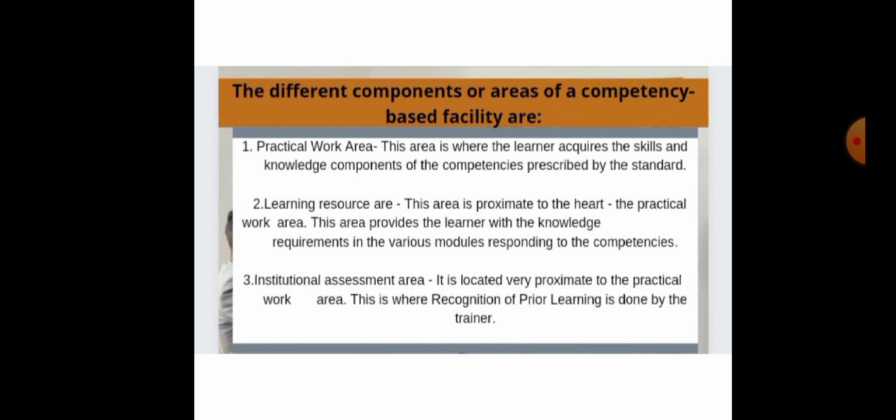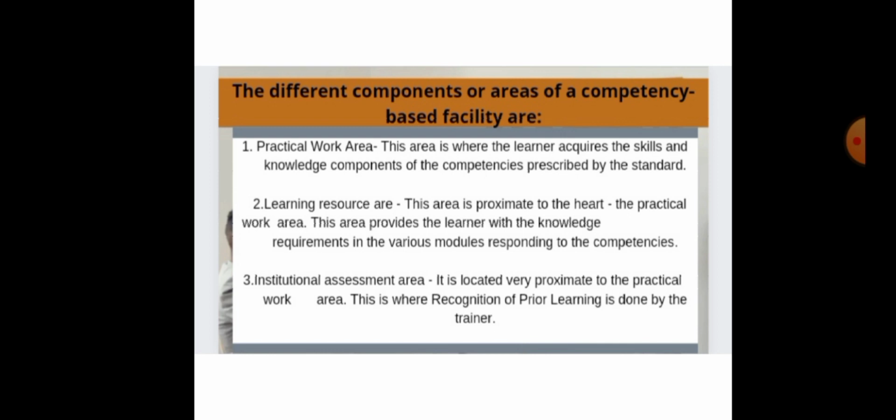The third one is the institutional assessment area. It is located very proximate to the practical work area, and this is where recognition of prior learning is done by the trainer. This component also provides the mechanism for assessing the completion of competencies of a learner upon completion of all modules within a competency.